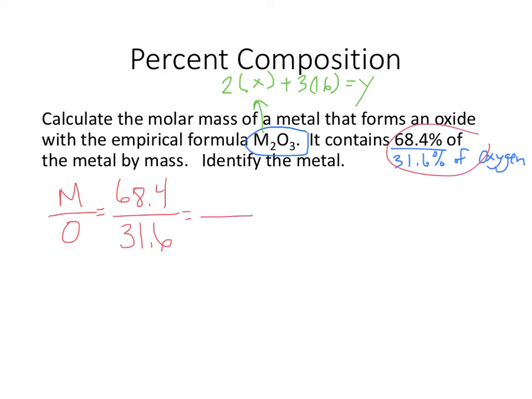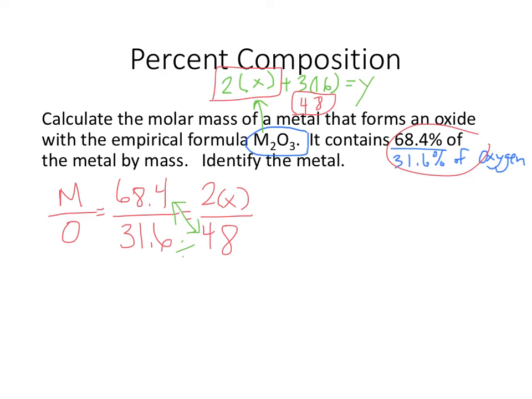I also know that the total oxygen in the compound, 3 times 16, is 48. What I don't know is the total M in the compound. I'm looking for this 2 times X. I know the 48 for sure. So that turns into a direct proportion. I can cross multiply. That's 68.4 times 48 divided by 31.6.